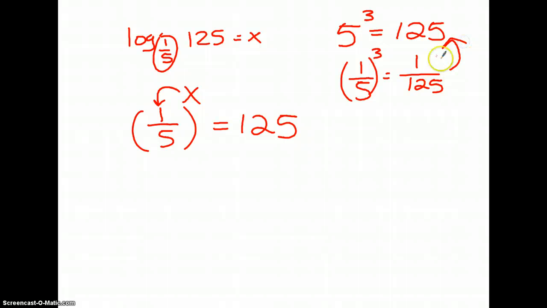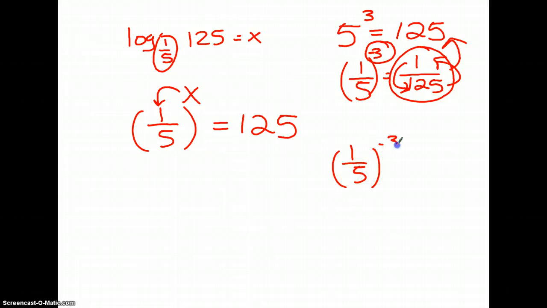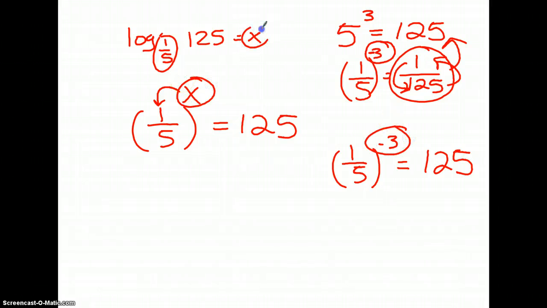So if we can get this to flip, we would get 125. How do we do that? We make this exponent negative. Again, properties of exponents. So 1/5 raised to the -3rd power is 125. So what does my x equal? My x equals -3.